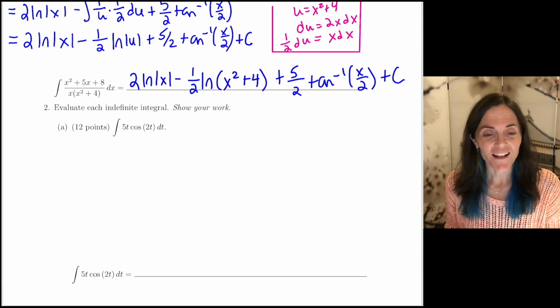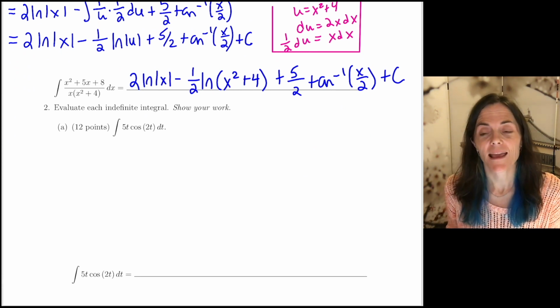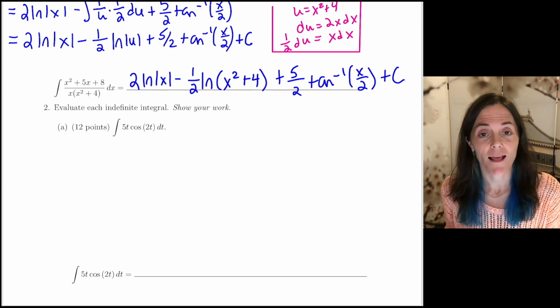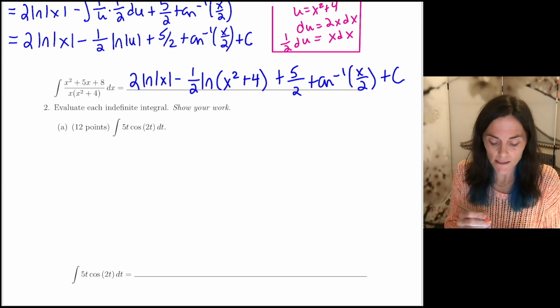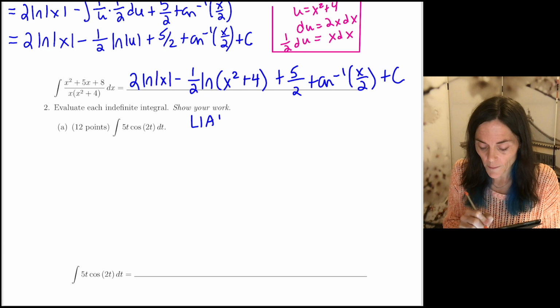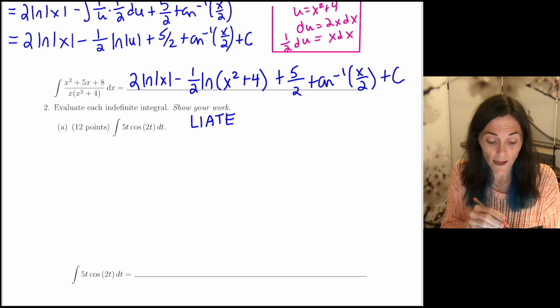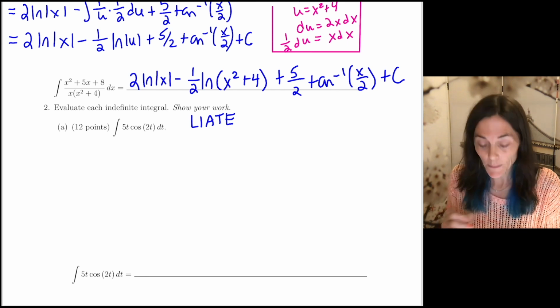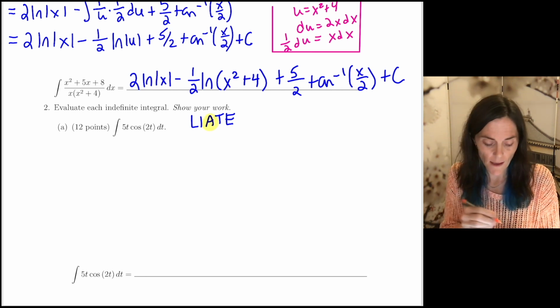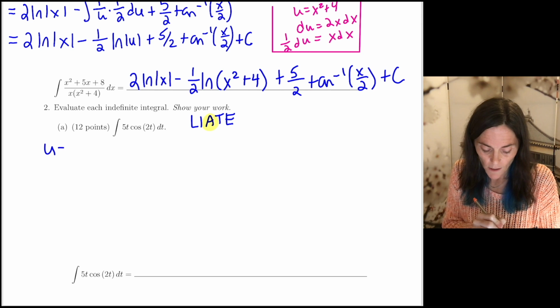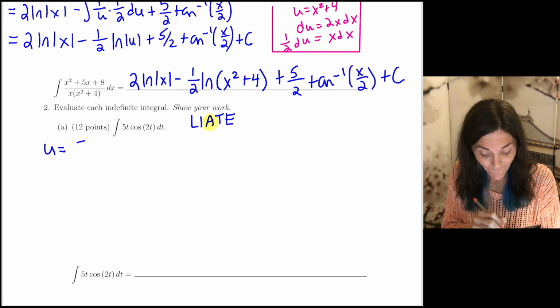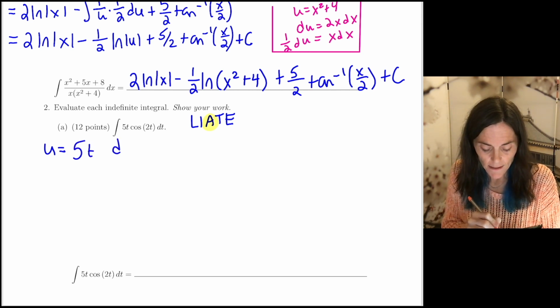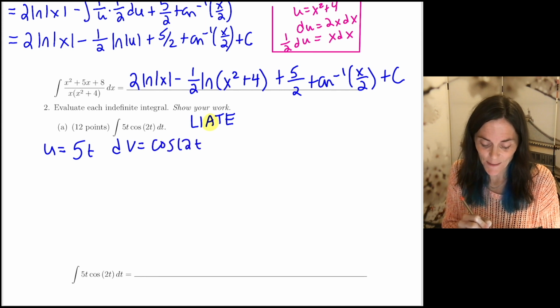2a, well, we see a product and it is not an obvious substitution. This suggests by parts. And if we follow our acronym, LIATE, I do not have a log, I do not have inverse trig, but I do have this. I have the algebraic. U is 5t, and dv is cosine 2t times dt.